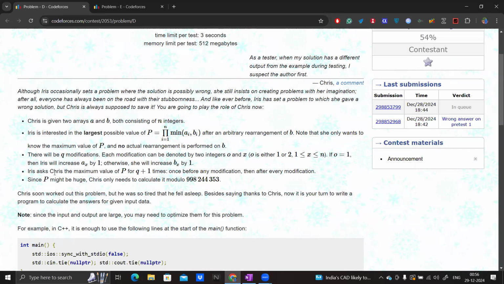And we have to find the maximum value of P, Q plus 1 times, like before the modifications and after each modification. The maximum value of this we have to find after each modification. So that's what the problem is.